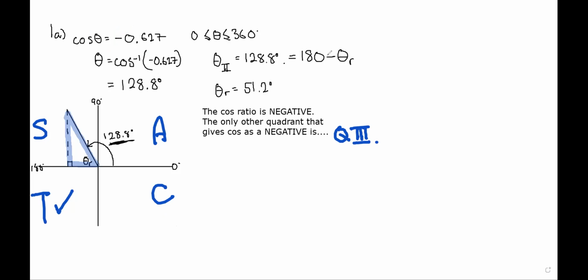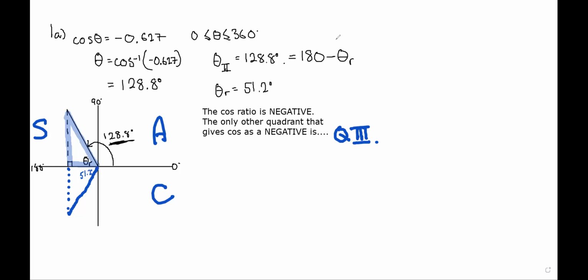Okay. And so knowing that, I am going to draw my triangle in the third quadrant. I'm going to tell myself that this is a reference angle of 51.2 degrees, right?